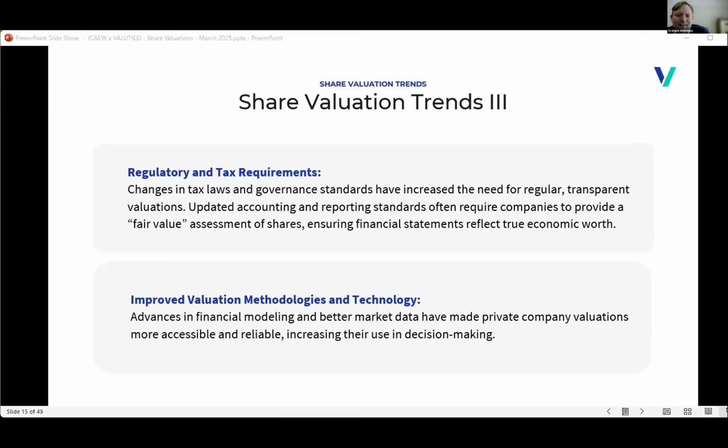And at the same time, we've seen significant improvements in valuation methodologies and technology. So advances in things like financial modelling, access to more sophisticated market data, such as that provided by Valutico, and enhanced analytical tools have made private company valuations far more accessible and reliable. So all of these have come together to mean that as valuers, we're basically busier than ever.